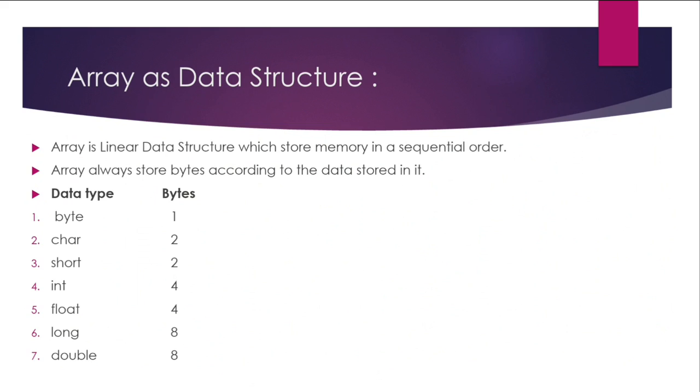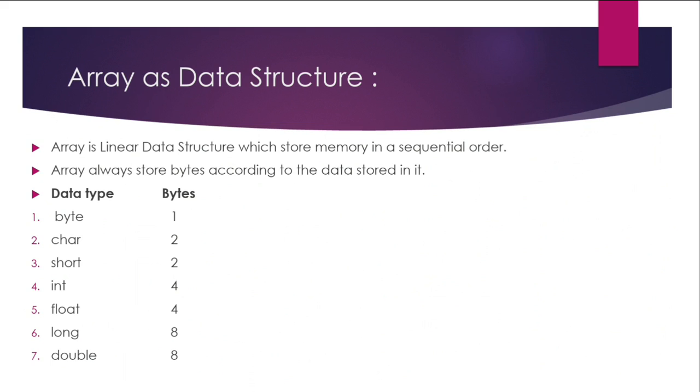That's why it is a linear data structure, which stores data in memory in sequential order. Sequential means one by one in a sequence, like we are standing in a line, in a queue. That is sequential order, that is a linear data structure.